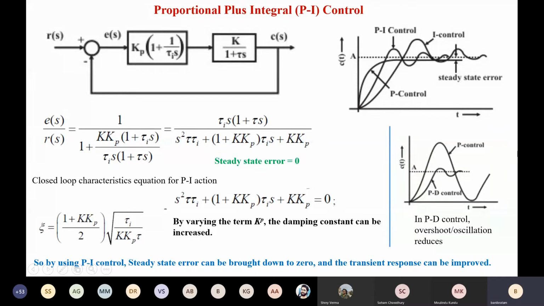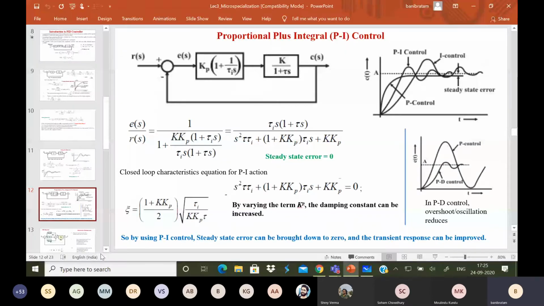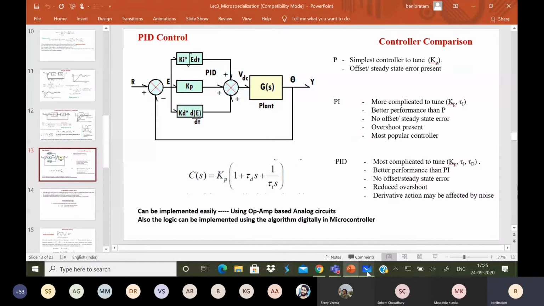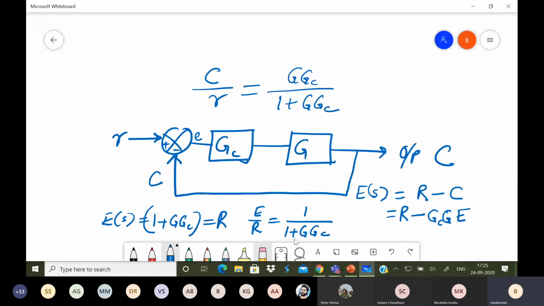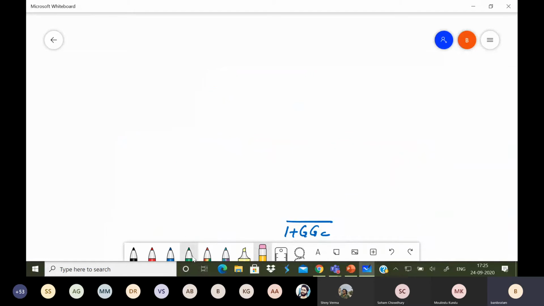So these are the individual contributions of P, I, and D. Okay, now we will combine P, I, and D together, and then we will get the PID controller.